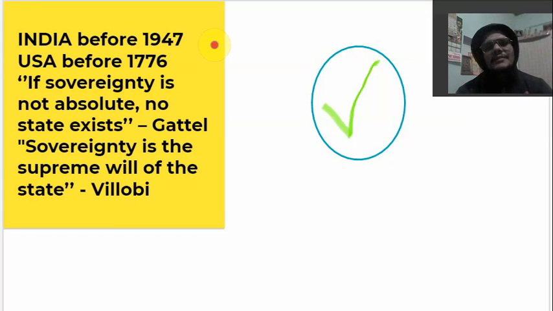Now, in the same example, let's take the example of Haryana. If the Indian government, the central government, has said that all right, we are taking a decision to make the Aadhaar card mandatory, the Haryana government does not have a choice. The Haryana government cannot say no, we are not going to make the Aadhaar card mandatory, we are not going to follow your law, we are completely free.